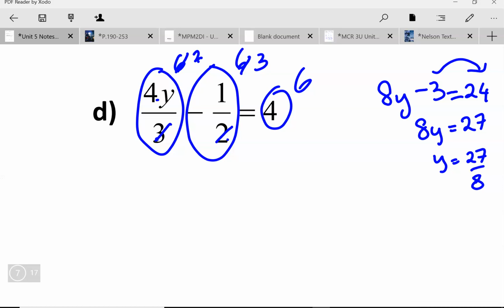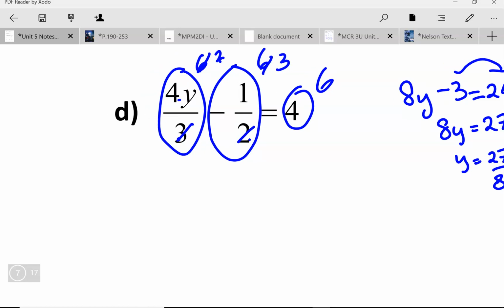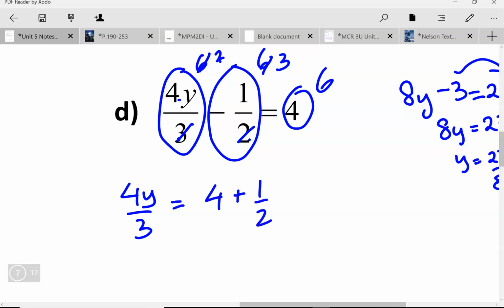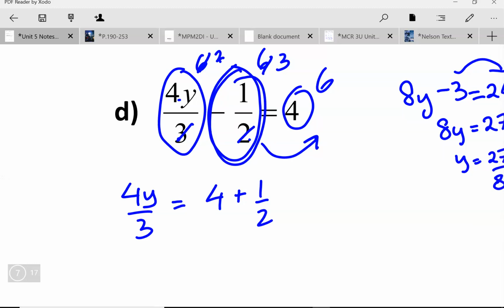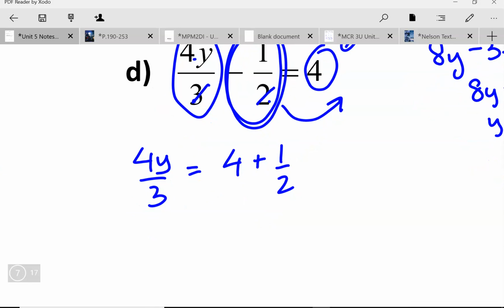Let's look at some other ways I can get that answer. I could also do 4y divided by 3 equals 4 plus a half. I'm just moving this negative half over to this side. I'm moving the entire term, so it's a plus-minus flip. It is a minus half, and it has now become a plus half. So 4y divided by 3 equals 4 plus a half.